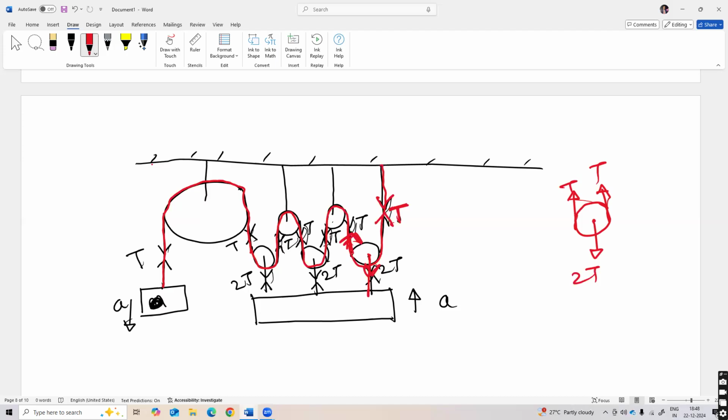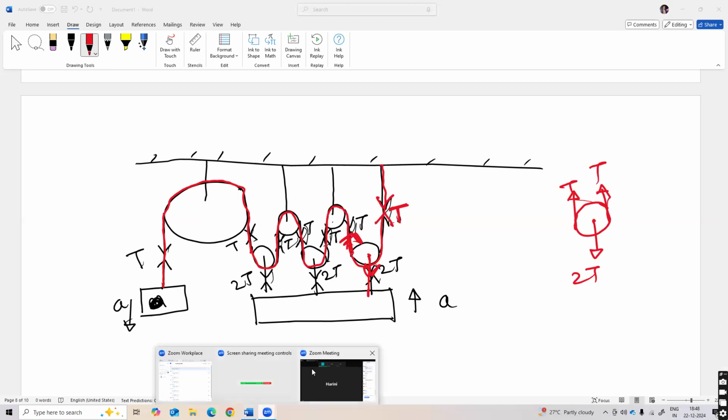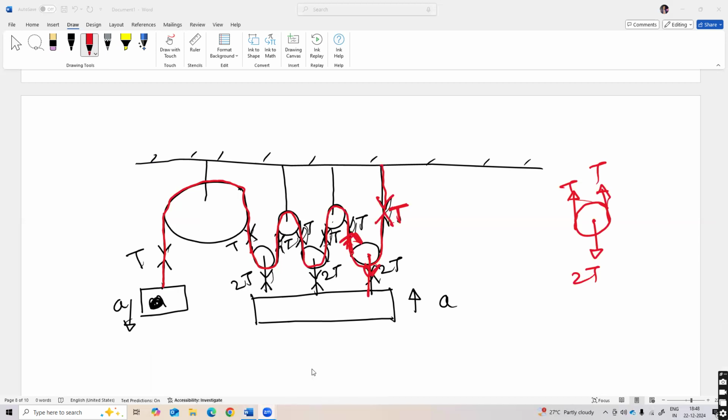So in each of these bottom strings, the tension is 2T. Till now, is it clear?